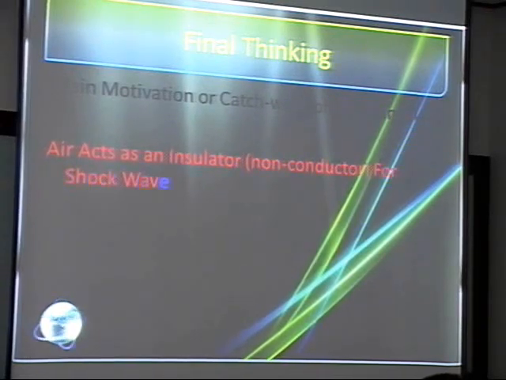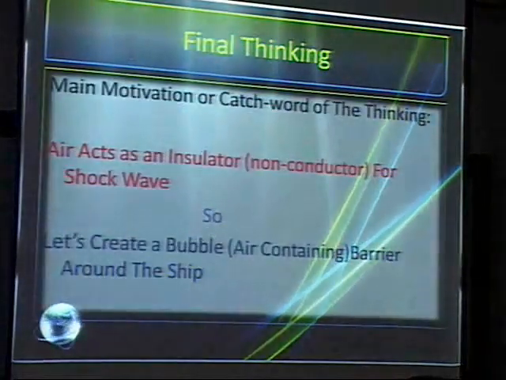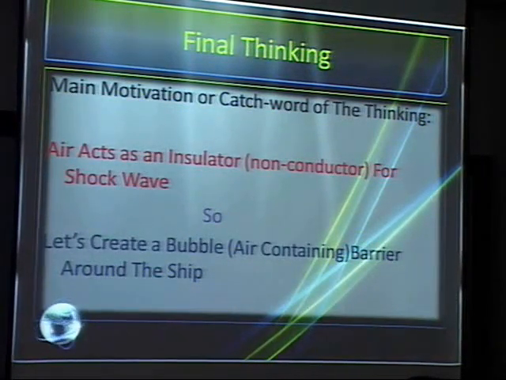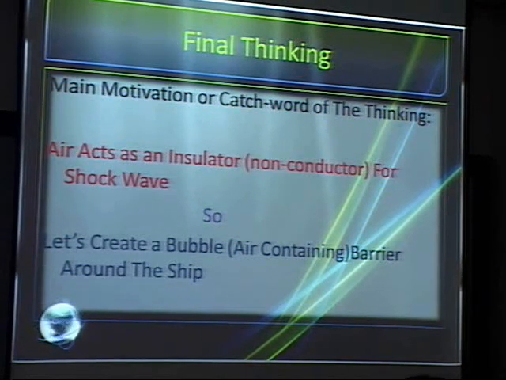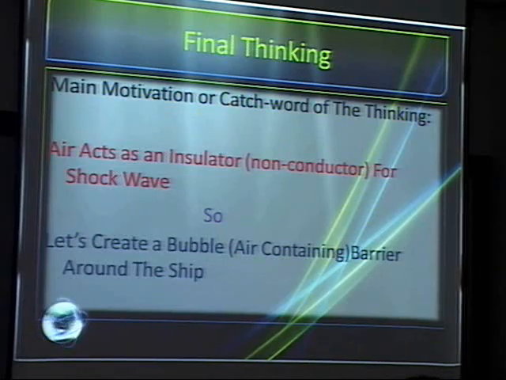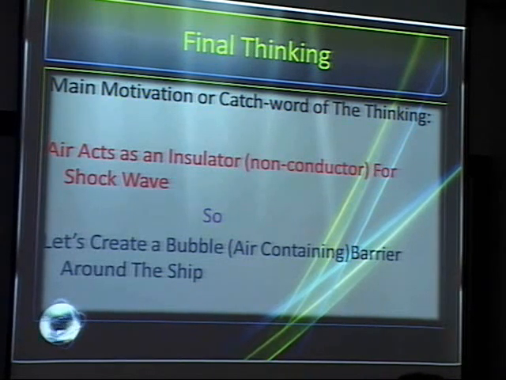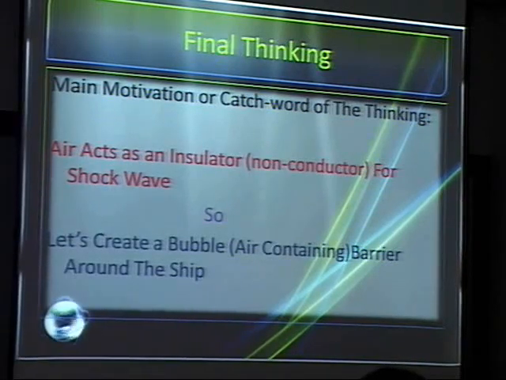Actually, the main catchword of that final thinking is that air acts as an insulator that cannot conduct the shock wave. So we want to make a bubble barrier around the ship, and those bubbles will contain air so that it can act as a barrier from the shock wave.